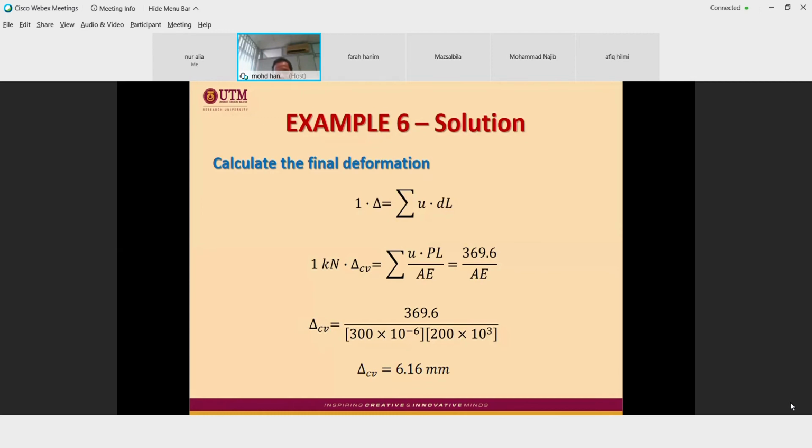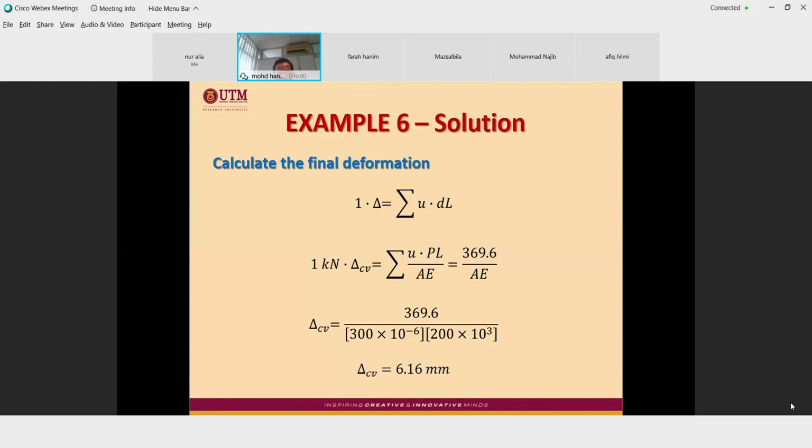So this is also quite critical, to make sure that at all stages of calculation the units that you are using are consistent.